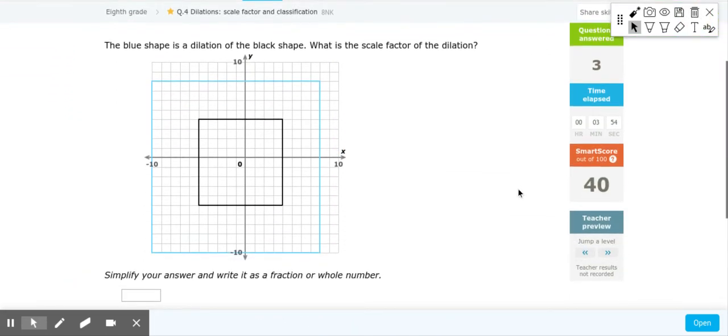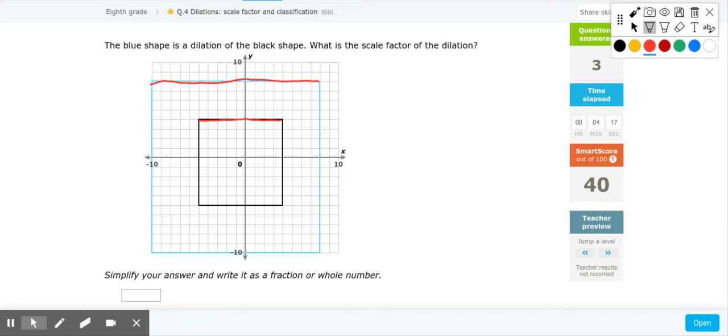The blue shape is a dilation of the black shape, and same thing, we're trying to find the scale factor. It's up to you, you can use side lengths or you can use points. If I take this side length here and its corresponding side length here, remember the dilation goes up top in our ratio or our proportion.